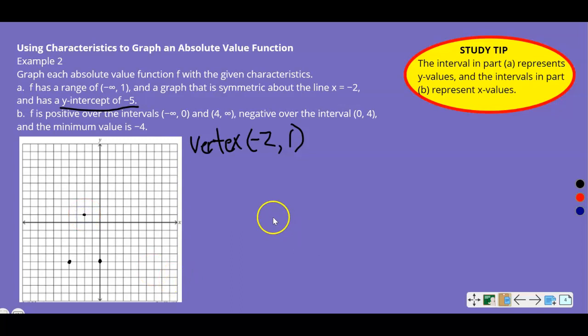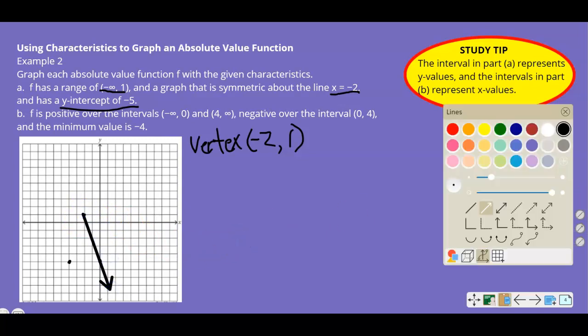All right, so for A part, we use the axis of symmetry along with the range to determine the vertex, and we use the y-intercept and reflected the y-intercept across the axis of symmetry to get the other point, and that's how we graphed that line.